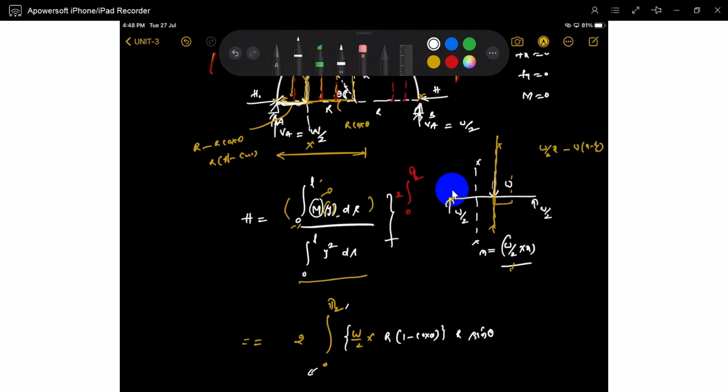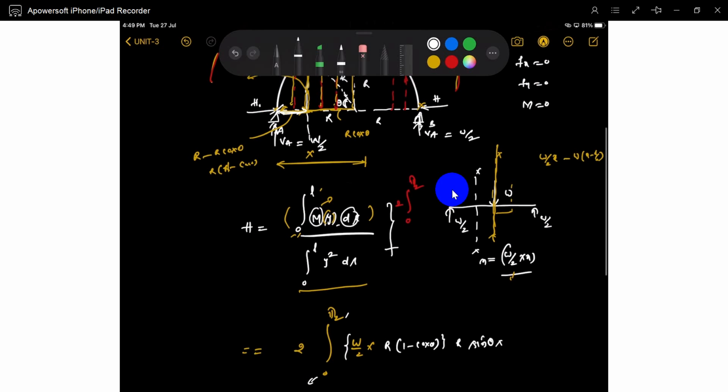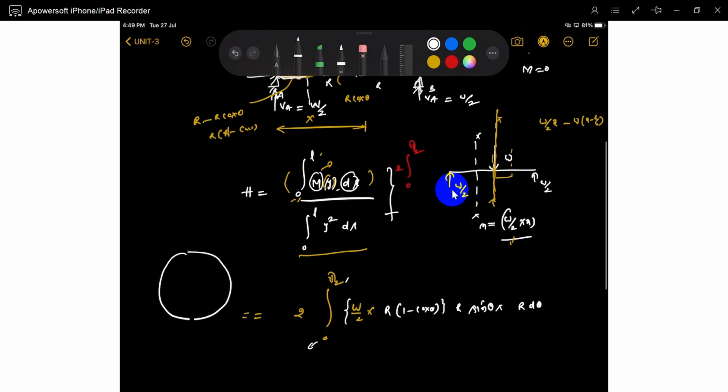So the total summation, the integration, is from 0 to pi by 2. So what is ds? We already know ds is r d theta. This is a small portion of ds, so this is d theta. You know it very well.